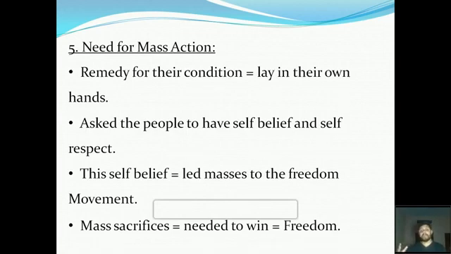Even a number of leaders were executed, sentenced to capital punishment, or sent behind bars. All those people were ready to sacrifice because they had only one intention in their mind, the freedom of the nation. So they told the people that mass sacrifices were needed for winning the freedom of our country.